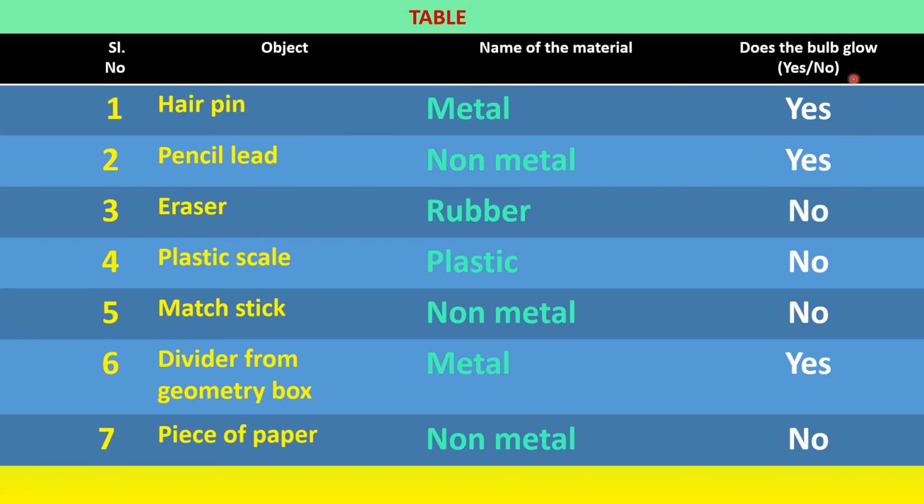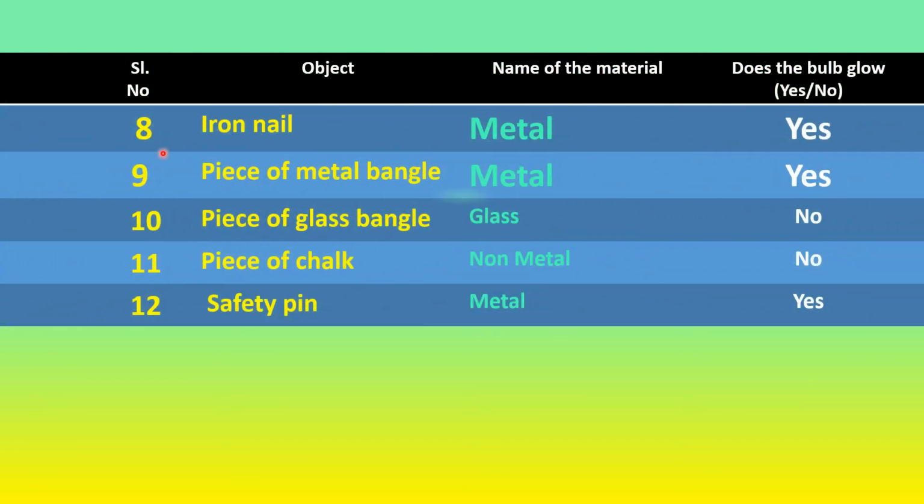I have recorded all our observations in this table. And some more observations are here. See, the eighth one, iron nail. When the iron nail is connected, the bulb has glowed.